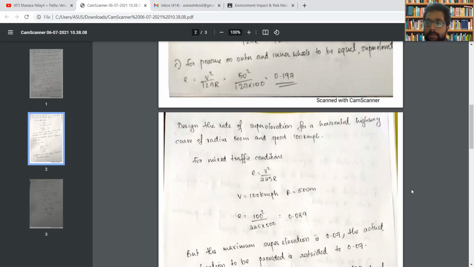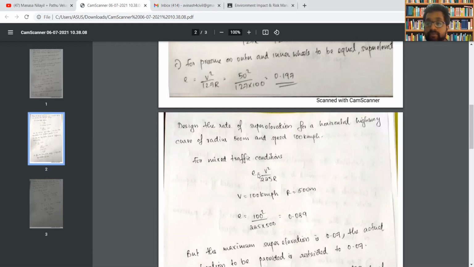So for mixed traffic conditions, the expression for super elevation E is equal to V square divided by 225 R. Okay, it is not 127 R. 127 R was for the design, and for mixed traffic condition, the value of super elevation E is equal to V square divided by 225 R. So note down this thing. Otherwise, you may go wrong.